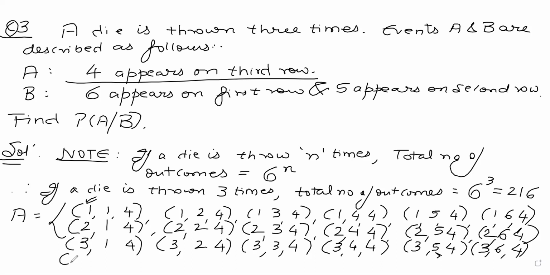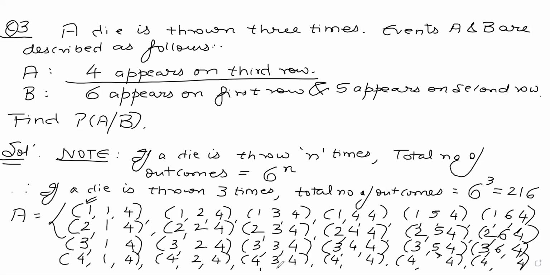If I fix 4, now 4 is in the beginning and the end, and in between I can have 1, 2, 3, 4, 5, 6. Same thing I can do with 5 also, and with 6 also.